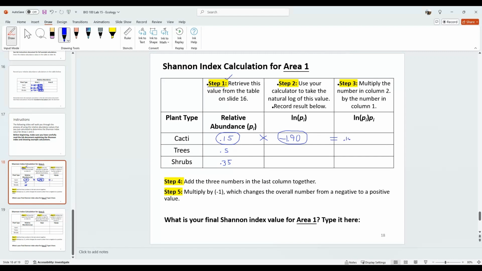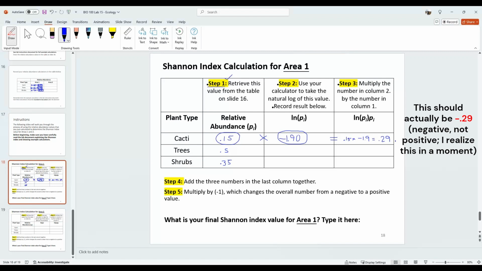So if we take 0.15 times negative 1.9, and we can do this in our scientific calculator again, then we get the number 0.285, which rounds to 0.29. Okay, so we've figured out this value for cacti.